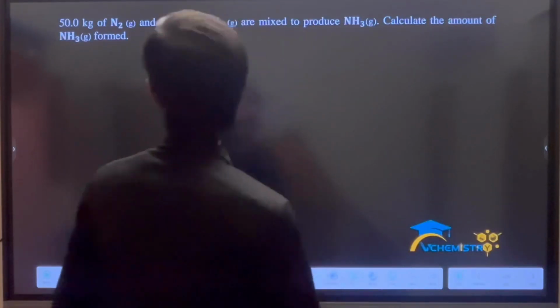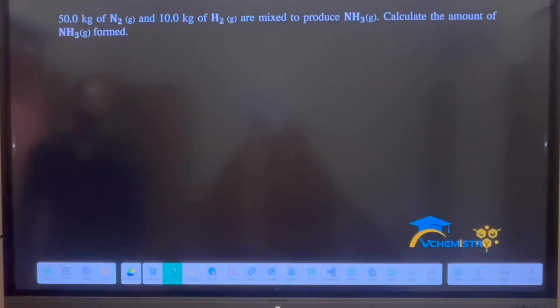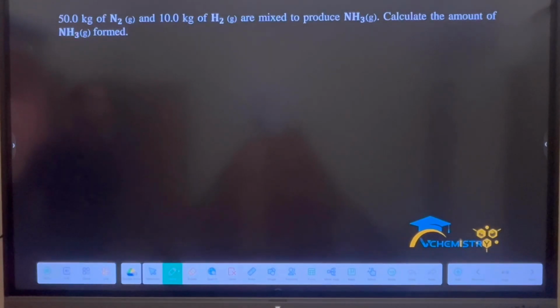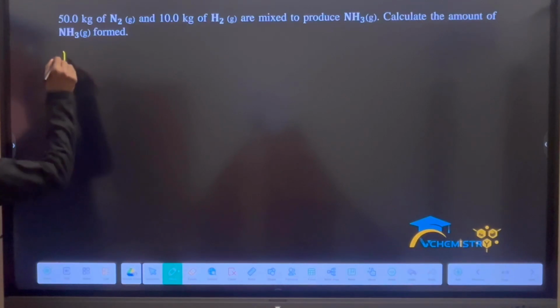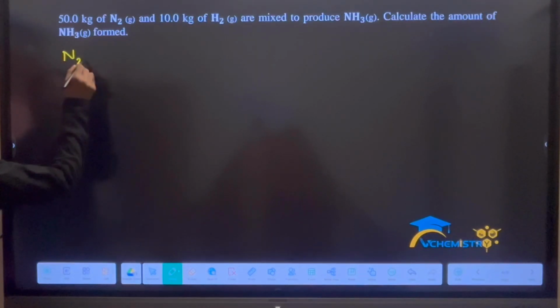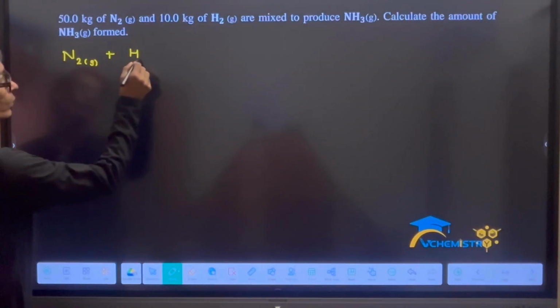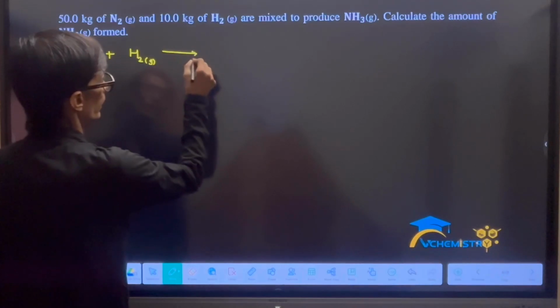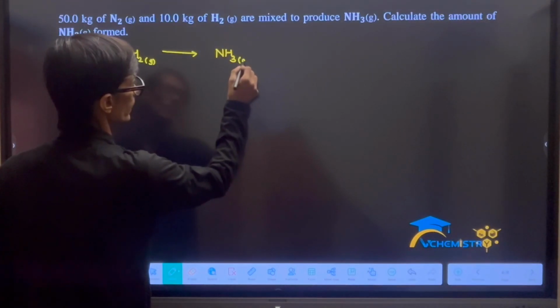Now this one is interesting. See, 50 kilogram of N2 gas and 10 kilogram of H2 gas are mixed to produce NH3. Haber process. N2 gas plus H2 gas gives NH3 gas.